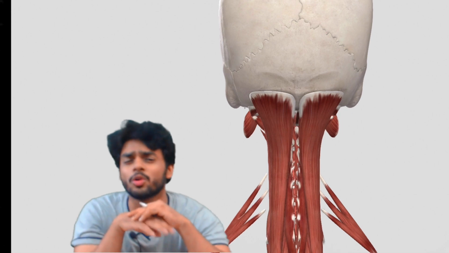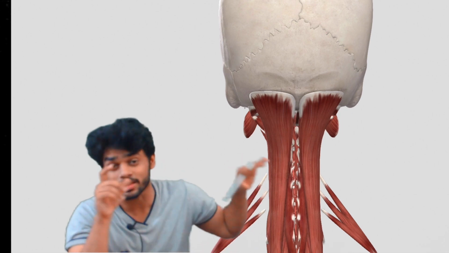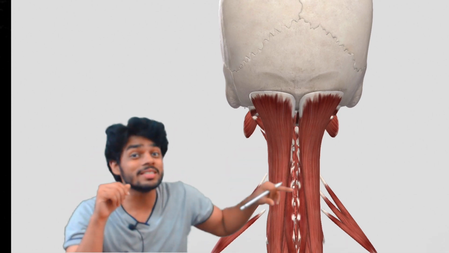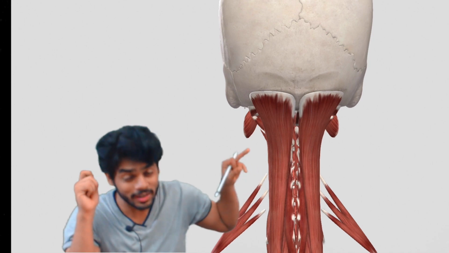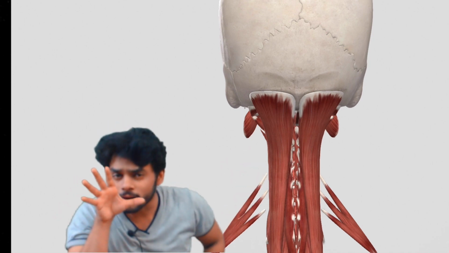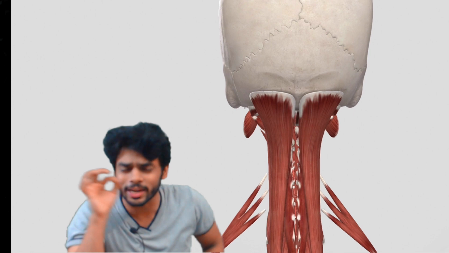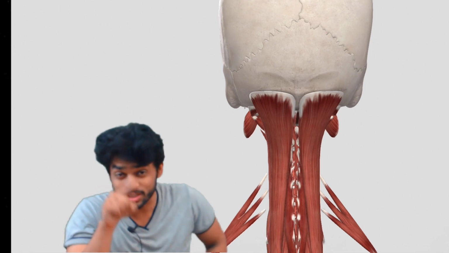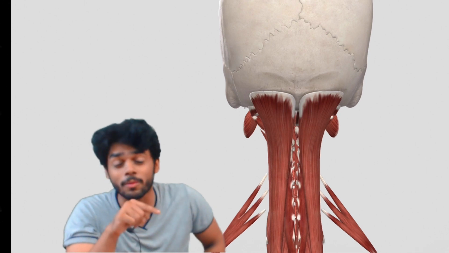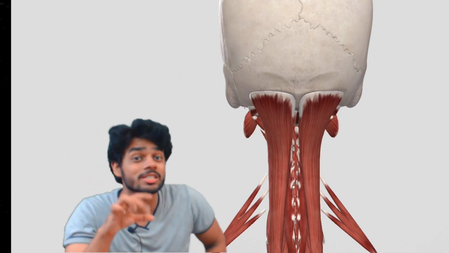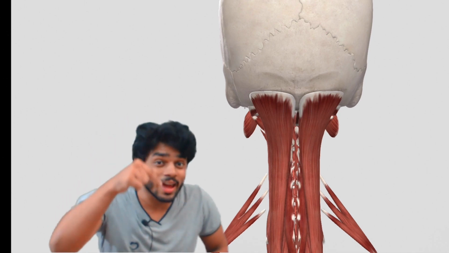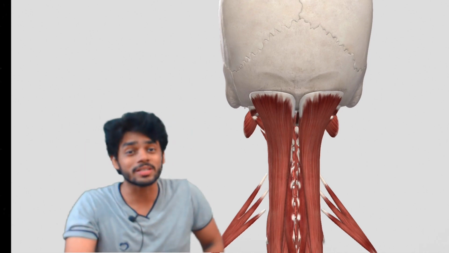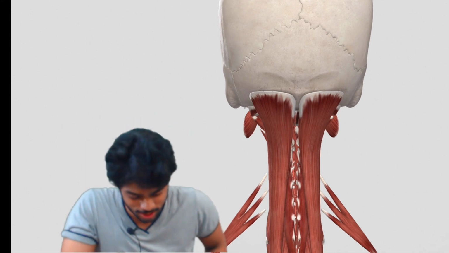The highest nuchal line is not always seen, but here in this animated picture you can see it also. But we don't have to study the highest nuchal line here because that is not seen in Norma Basalis. The structure which we see here in the Norma Basalis is the part which is attached between the superior nuchal line and inferior nuchal line, and here you can see semispinalis capitis muscle.